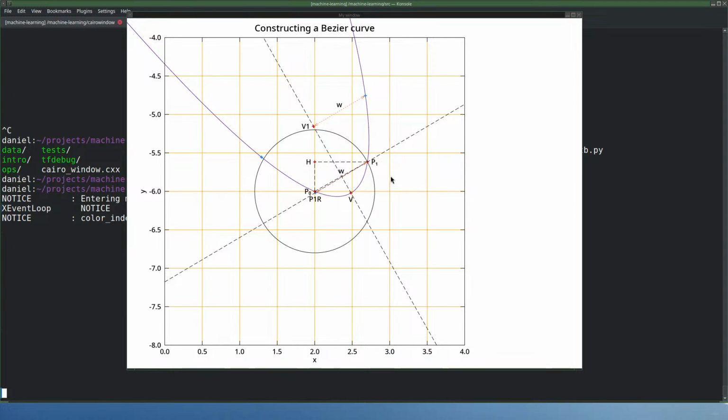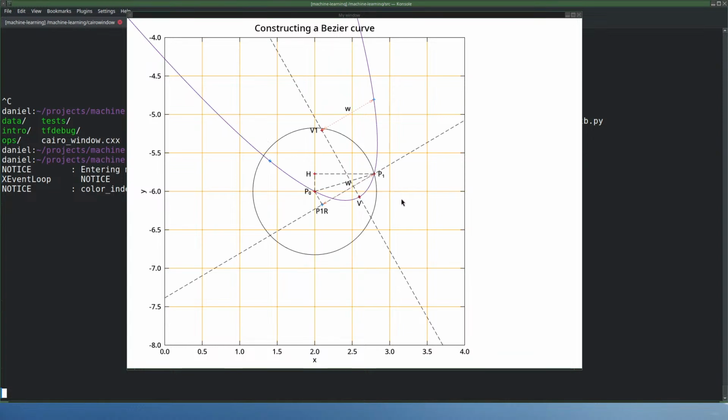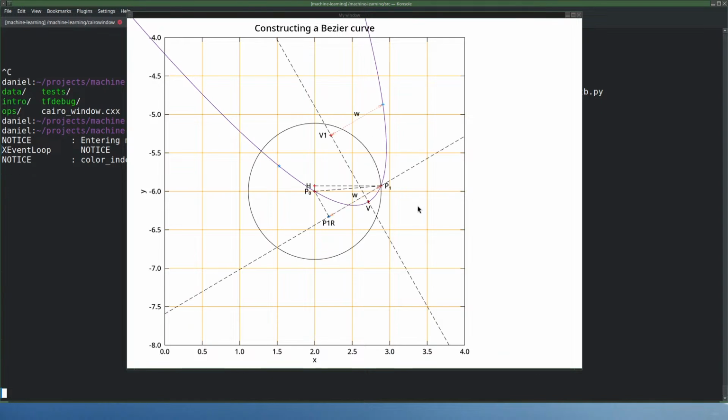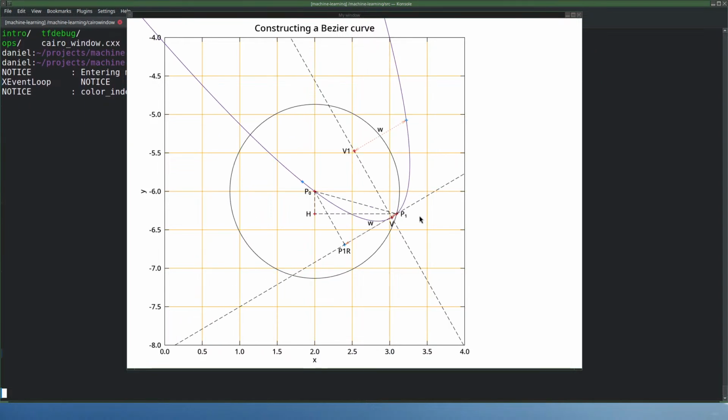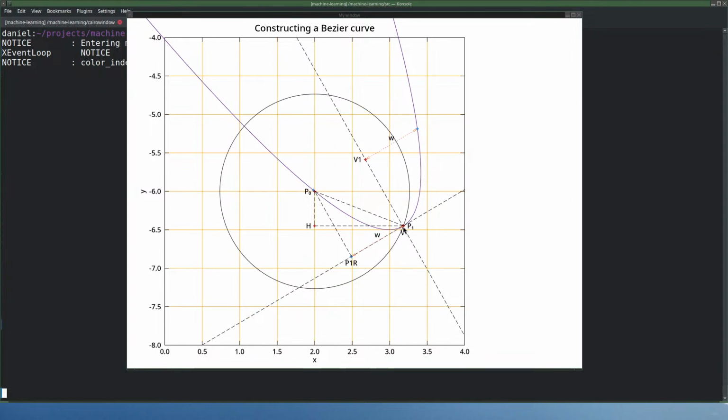Also, if S equals 1, then, so every time I hit the return here, it draws it again for a different S value. I'm increasing S here. So when S is 1, then P1 is in the vertex. So that would be here. And S is 1, so 2S minus 1 is 2 times 1 minus 1, is 1.